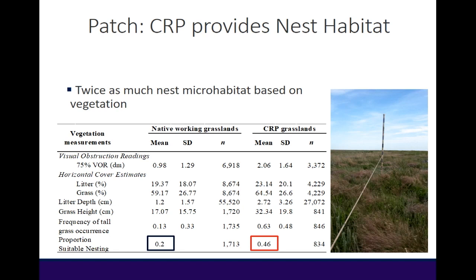We measured several vegetative characteristics, and based upon a resource selection function and criteria that define nesting habitat, what we found was that within CRP grasslands, about 46% of those points met requirements for suitable nesting habitat, while in native working grassland, only 20% of those points met the criteria. So in these CRP fields, we're increasing the amount of nest habitat on the landscape scale.